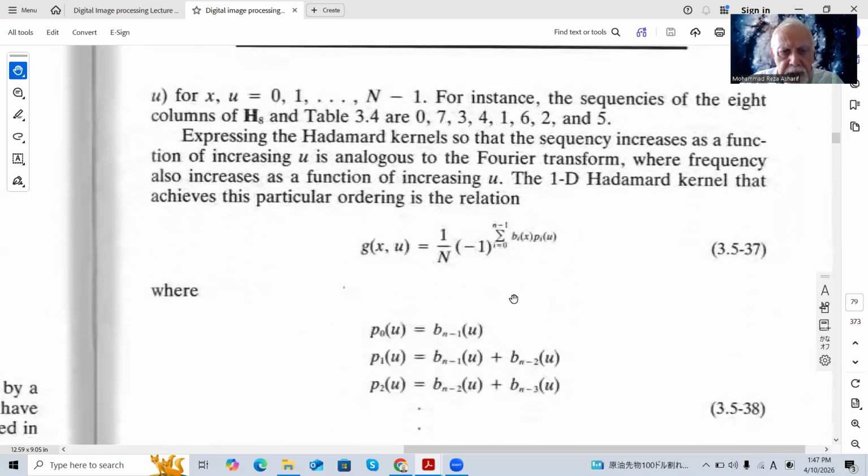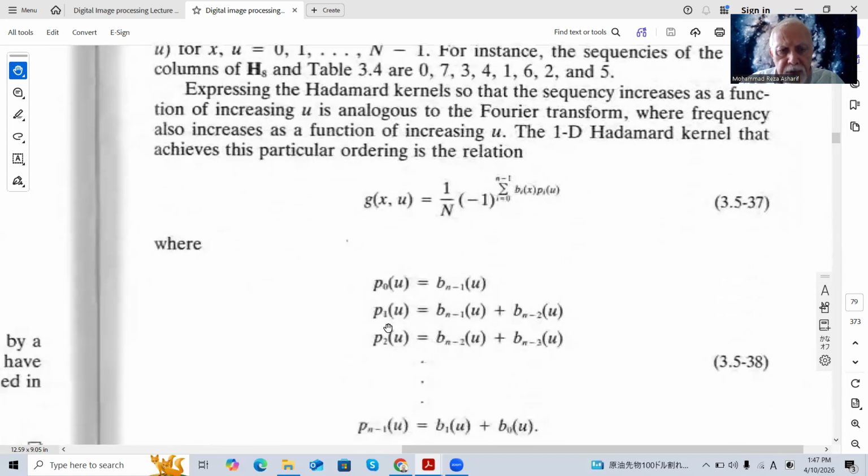This p is obtained from b: p_0(u) is b_{n-1}(u), p_1(u) is b_{n-1}(u) plus b_{n-2}(u), and so on. These are all 0 or 1, which is why it is the bit number, and all the summations are obtained based on modulo 2.